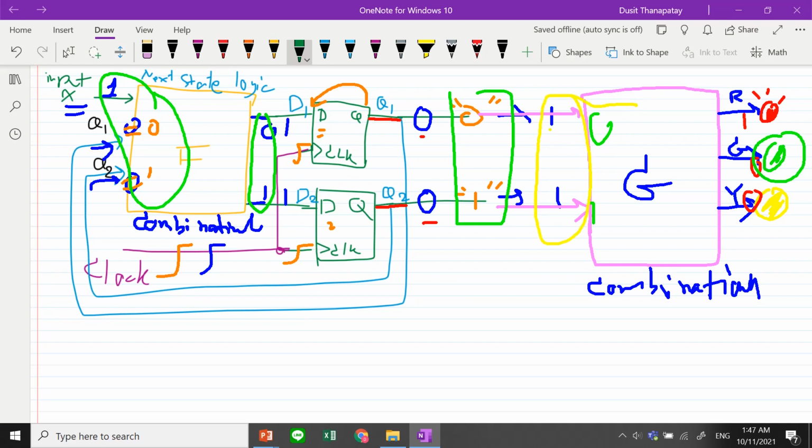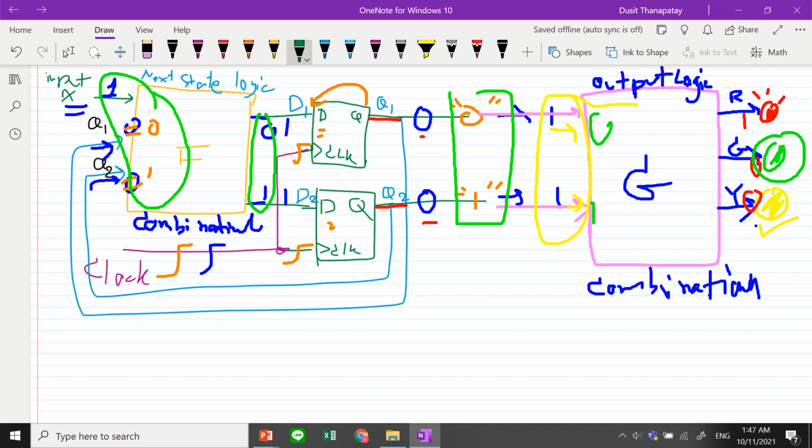So when the input of G is 1, 1, output Y may be active, so it turns the yellow lamp on, for example. So circuit G is called the output logic, and it is used to determine the final output of the state machine.